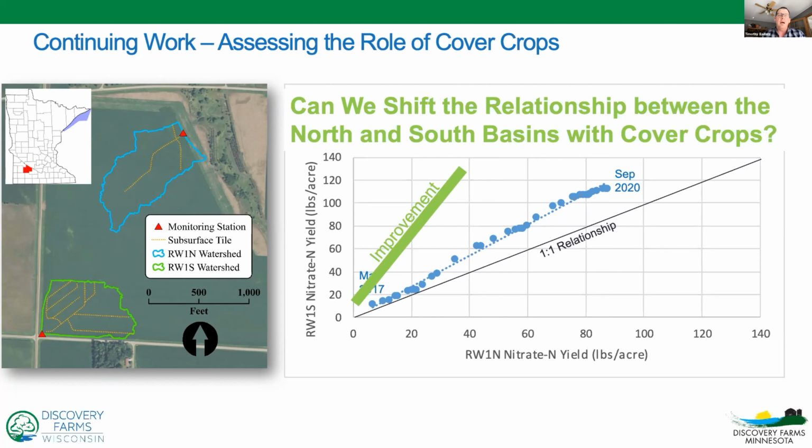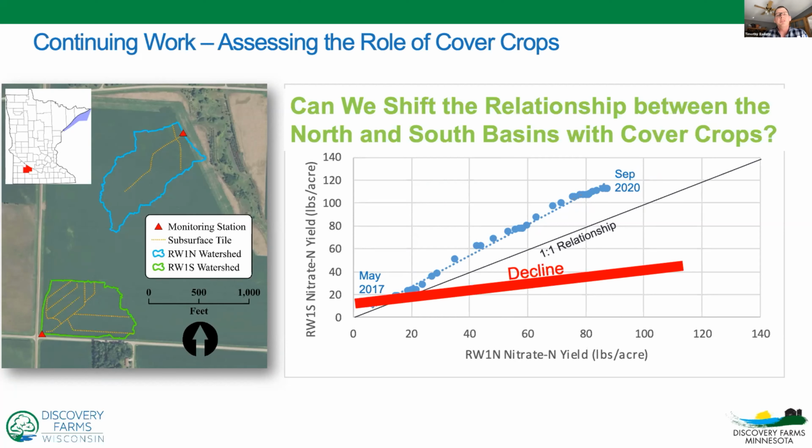If we see a similar increase in nitrogen or similar levels of nitrogen in the South Basin and lower levels of nitrogen in the North Basin, where we do have the cover crops, we're going to determine an improvement from that cover crop. And then also on the flip side, look at potential declines in relationships.